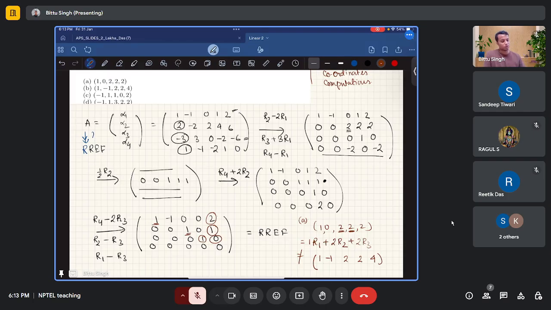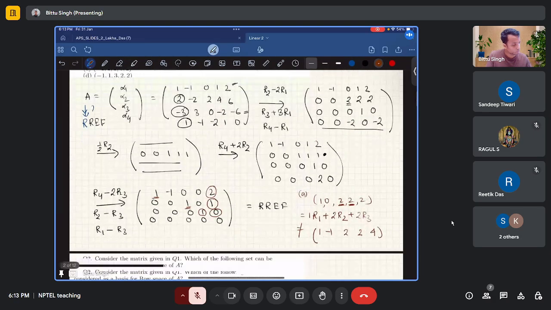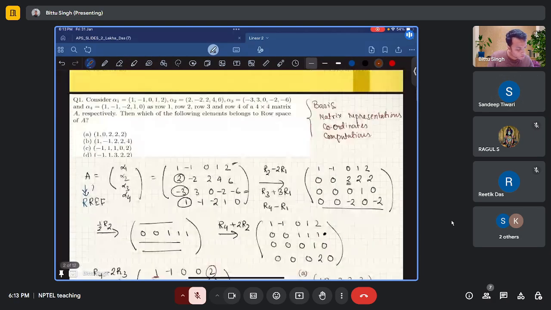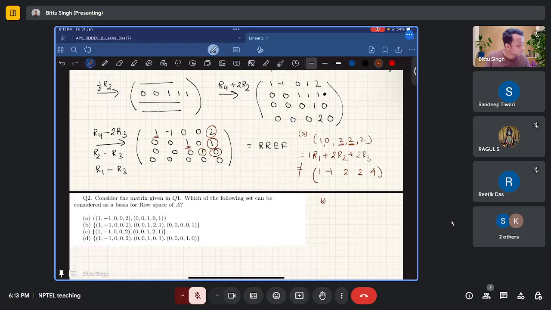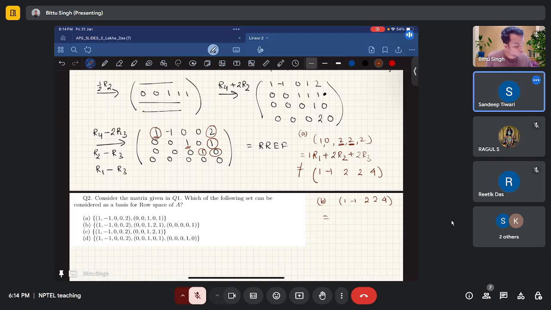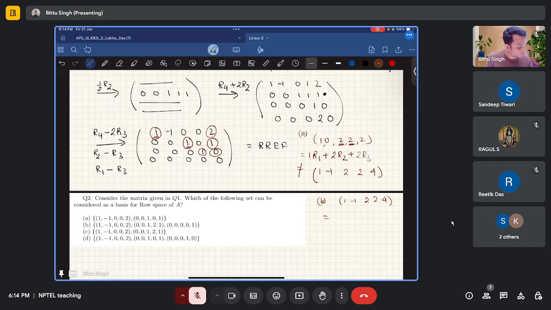So you can see that if you try the second thing, maybe we need some space. So the second thing is 1 minus 1 2 2 4. So option B, 1 minus 1 2 2 4. Can you write it as a linear combination of those three rows? So let us see. Again, by the same reason, you can see those are the pivot entries, right?